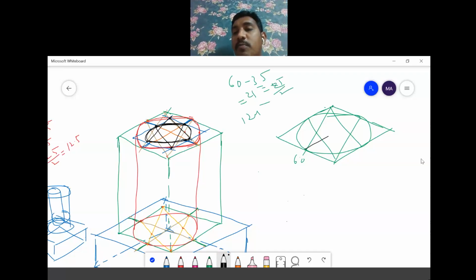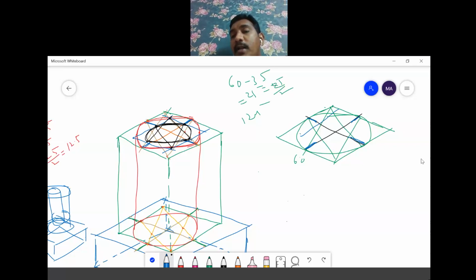I am reducing 12.5 mm here, here, here, and here, and I am drawing parallel lines to construct a square of 35 mm side. It will form another square.